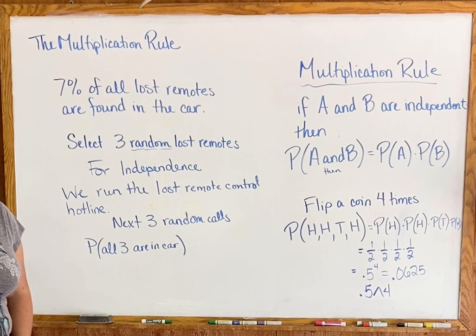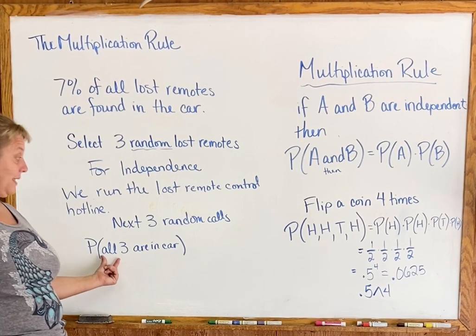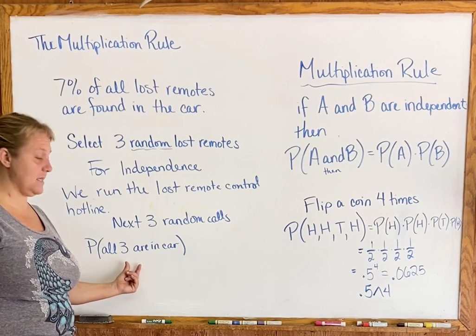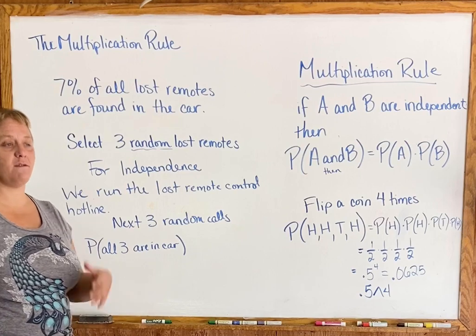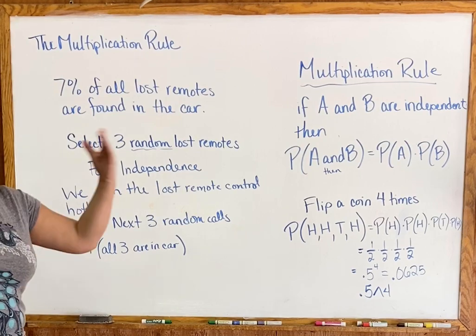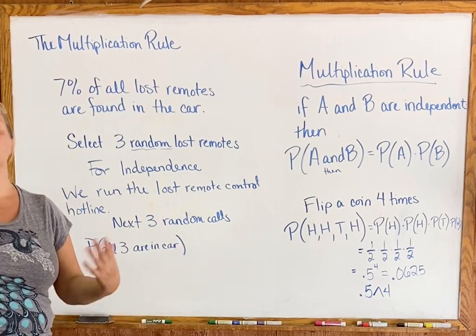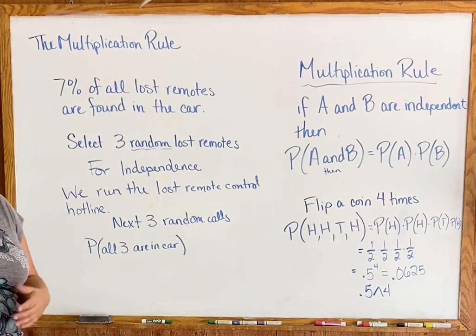Okay, now you're probably thinking this is kind of slim chances, but let's see how this works. Now again, does it say "and" in the problem? Okay, it doesn't, does it? But we have to think about this. The first person is going to call in, and then the second person is going to call in, and then the third person.